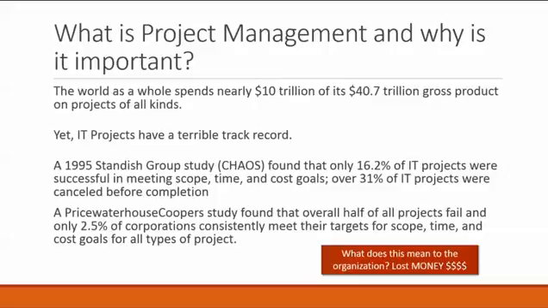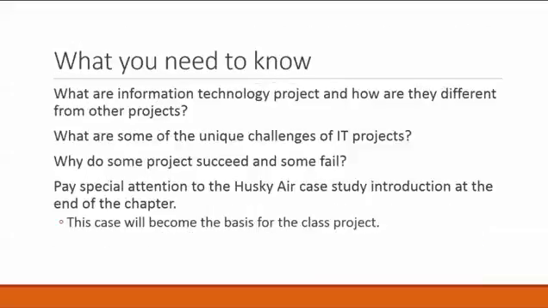Some of them are just canceled because they're off track, they've spent too much money, they're way too far behind, and they just don't make sense anymore. A PricewaterhouseCoopers study found that over half of all projects fail, and only 2.5% of corporations say they consistently meet project targets. That's scary. Projects cost a lot of money to organizations, and if we're not managing them properly, we're wasting a lot of organizational resources.